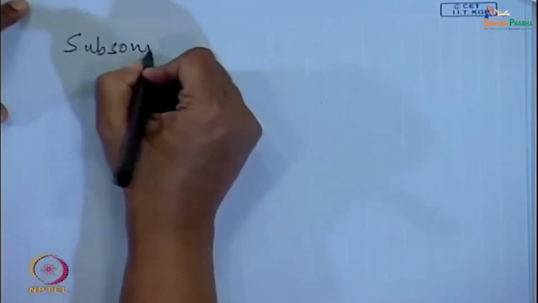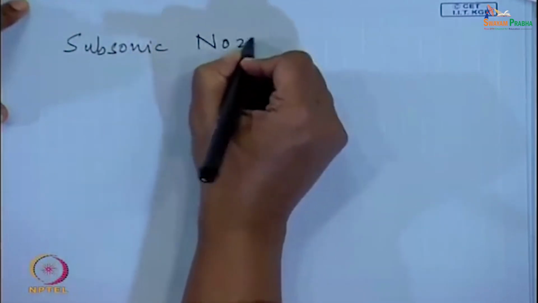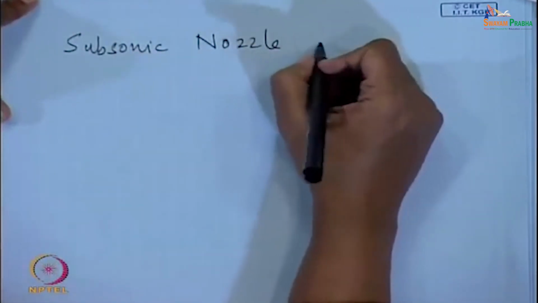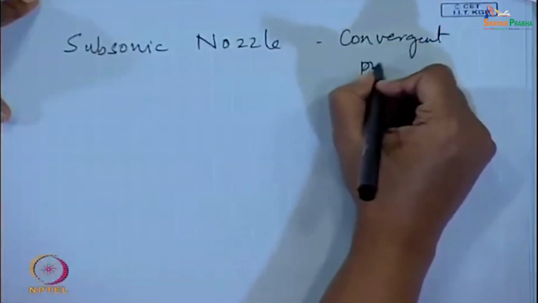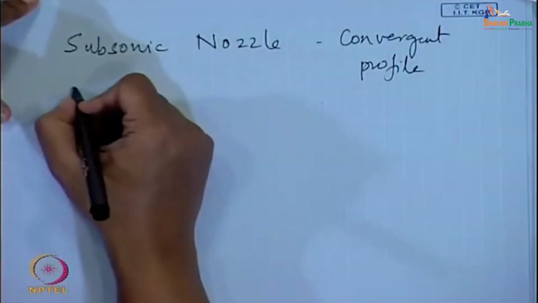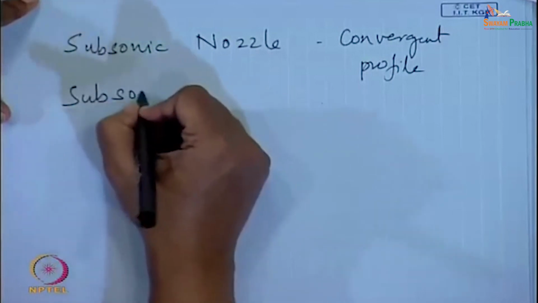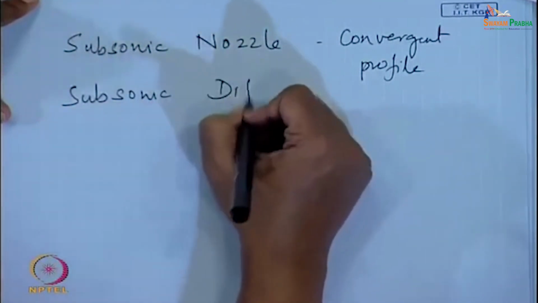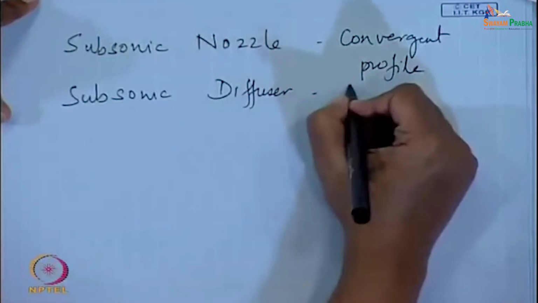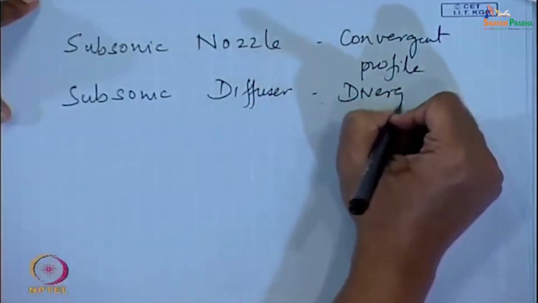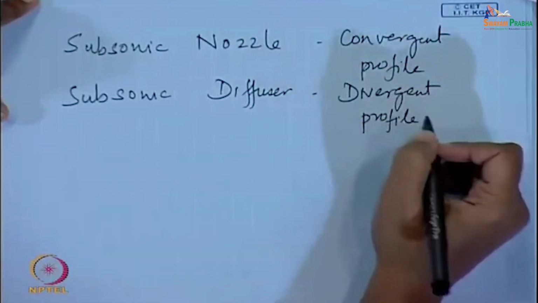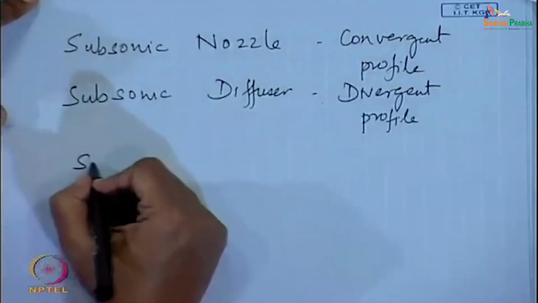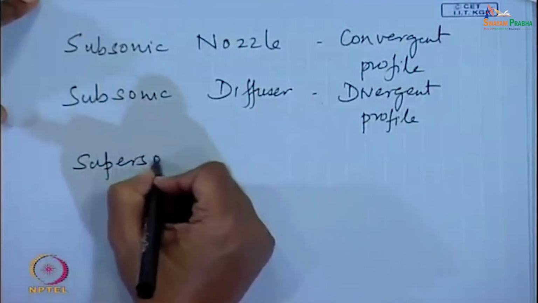Subsonic nozzle: convergent profile, just writing down whatever I have drawn and shown you. Subsonic diffuser: divergent profile.